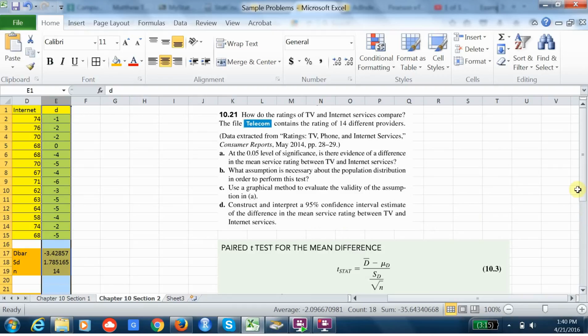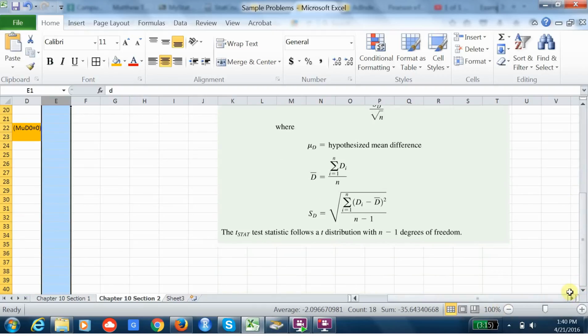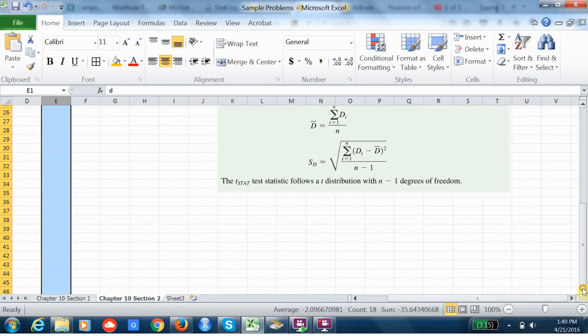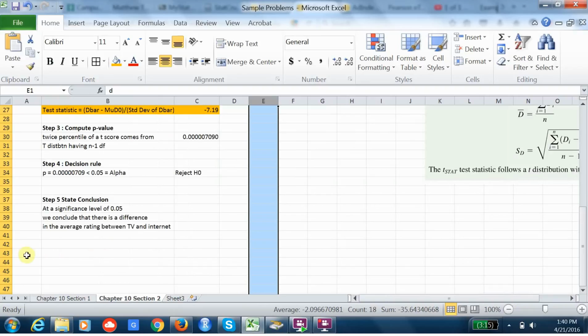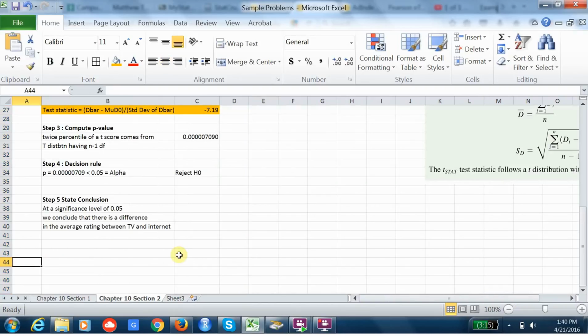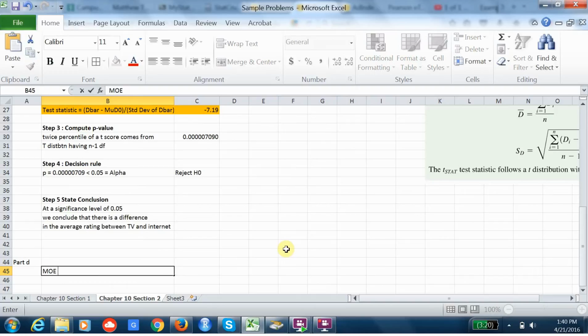Okay, we want to go ahead and compute the confidence interval. So for parts B and C, we know how to do that. So the first thing I'm going to do is compute the margin of error. I always need that. That's equal to the critical value times the standard deviation of d bar.